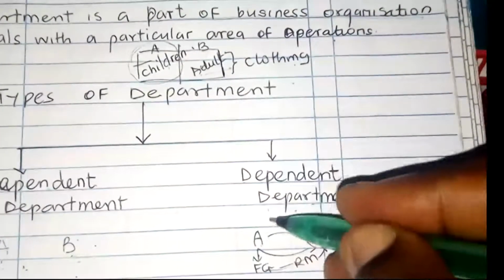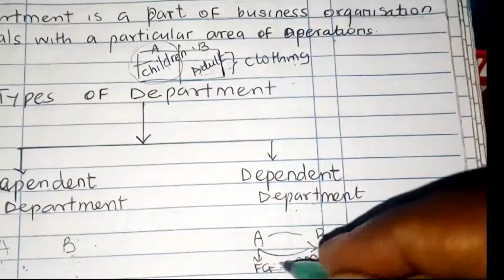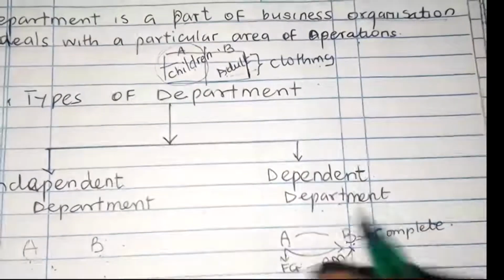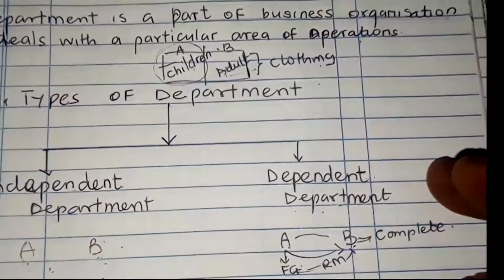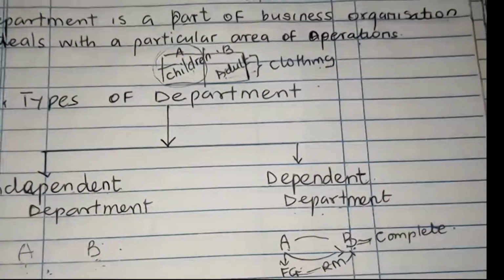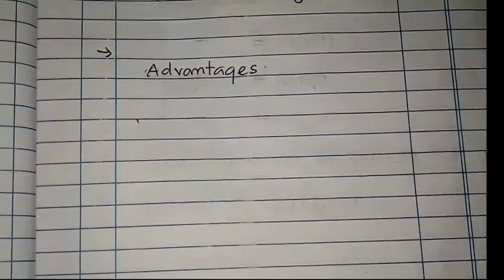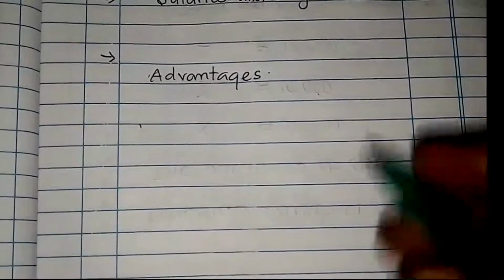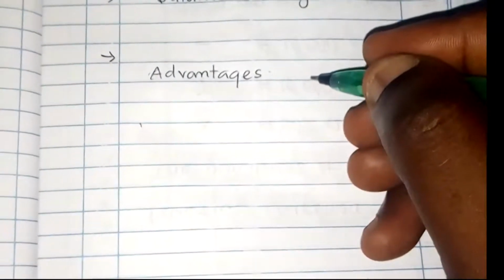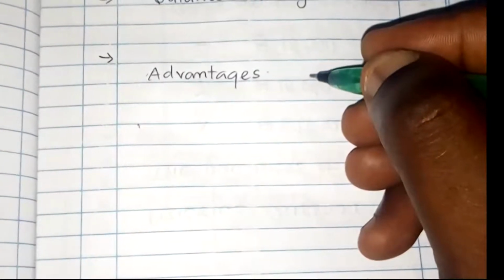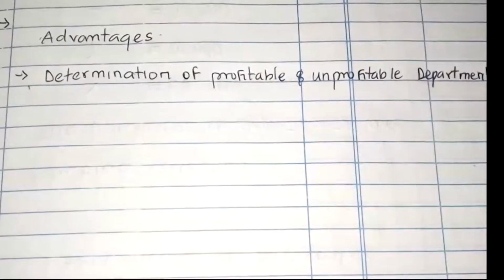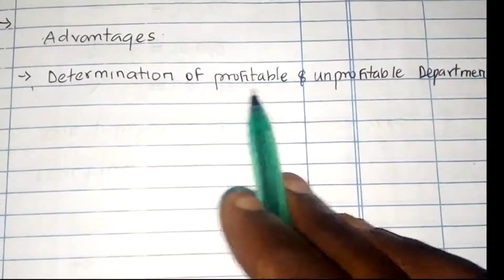The last advantage is it helps in formulating policies for the departments, based on the results of each department. So students should take note of that. Please write it down. Determination of profitable and unprofitable departments.